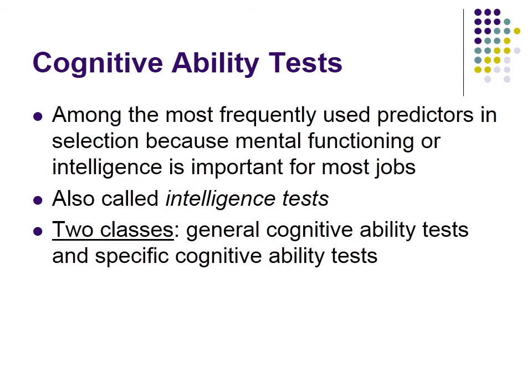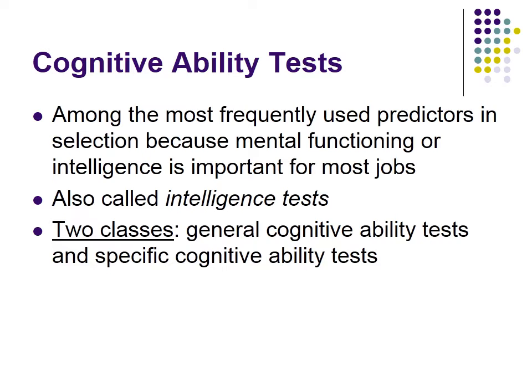So now we're going to talk about, broadly, the types of predictors that are commonly used in selection and I/O psychology. One of the biggest and most commonly used is the cognitive ability test. It's the most frequently used predictor in selection, mainly because mental function or intelligence is an important part of most jobs. Cognitive ability tests are also somewhat controversial.